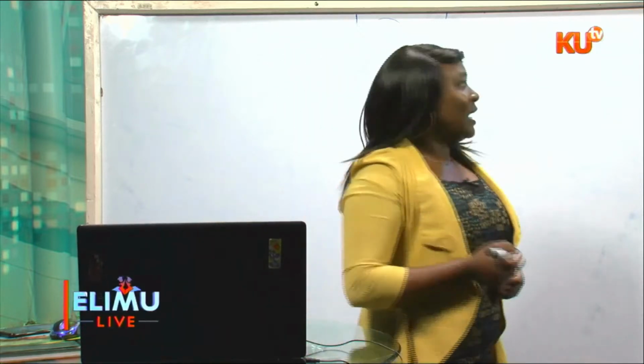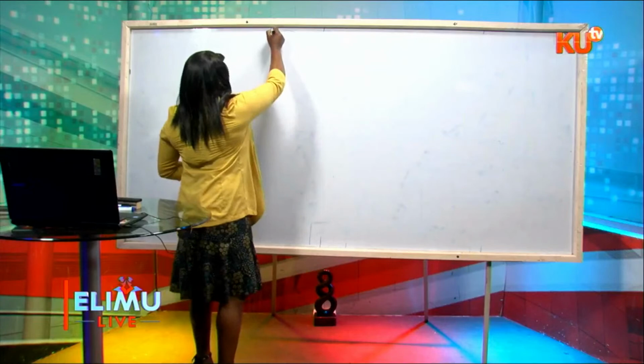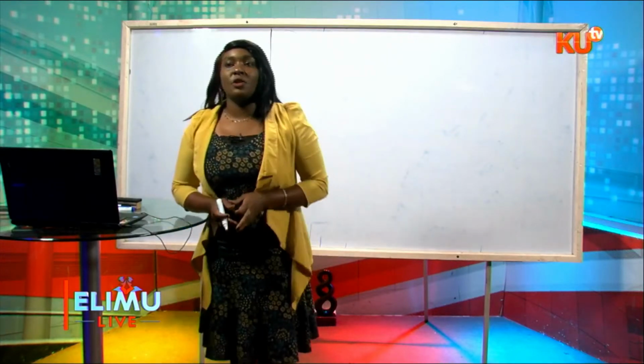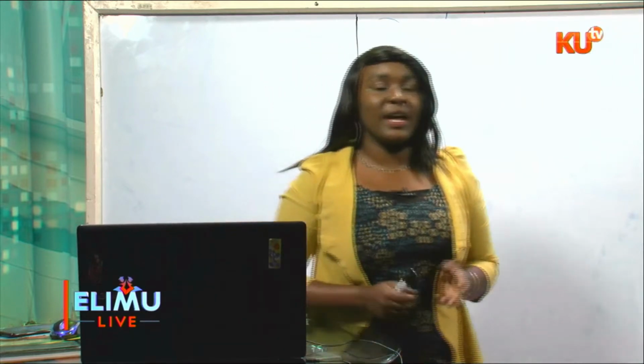Welcome to today's lesson. Today we are going to learn Agriculture Form 4, the topic on livestock production. I'll be taking you through livestock production 6, that is cattle. In a previous lesson you tackled the introduction to cattle rearing.